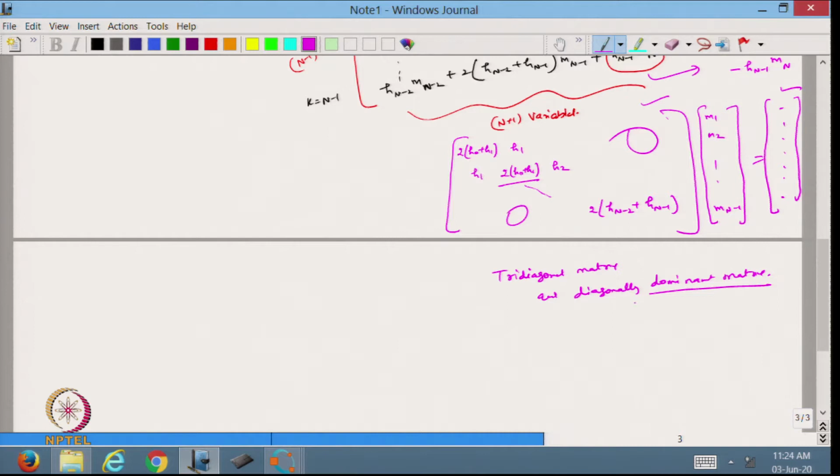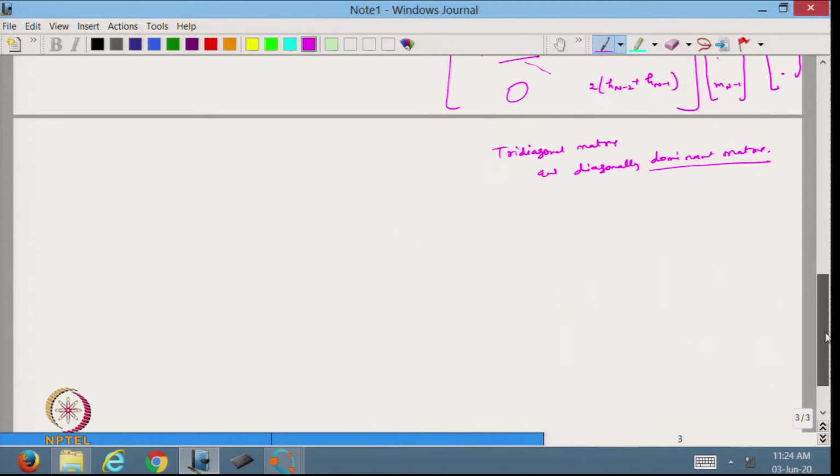So this system will have a unique solution, and from that solution I can find the values of M1, M2, up to Mn minus 1 directly from here. Once I know these values, then I can find out my cubic spline.